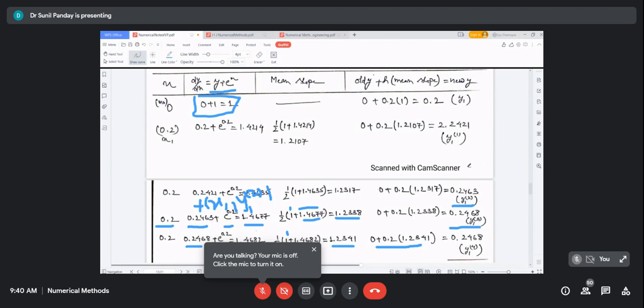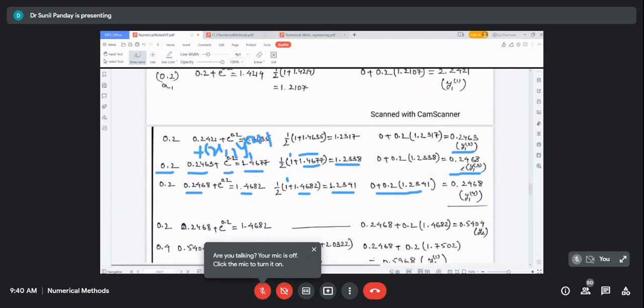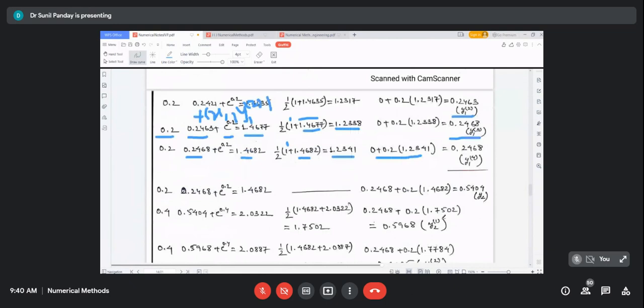Now we again calculate the value of y2. To calculate the value of y2, we require this. Now this is our x1, and we are assuming that this is our final updated or corrected value of y1 up to the desired accuracy.